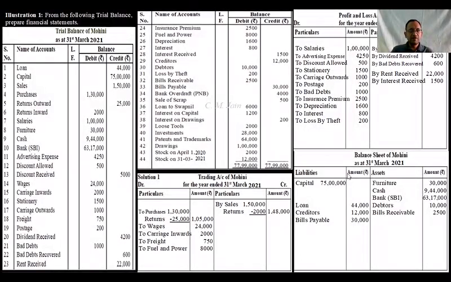Then next we are given bank overdraft with PNB. Being an overdraft means it is a liability. So in balance sheet liabilities side, bank overdraft PNB 4,000. And if you see carefully, the amount is also given in credit column. So this also tells us it's a liability.